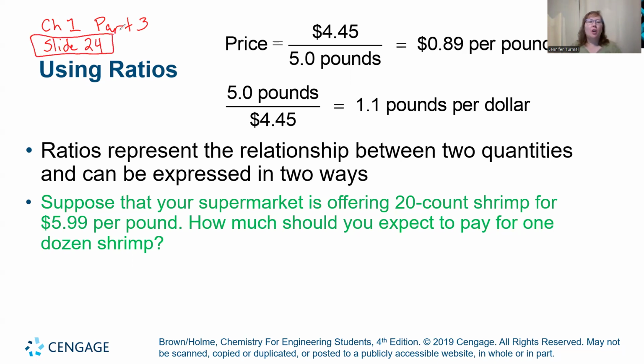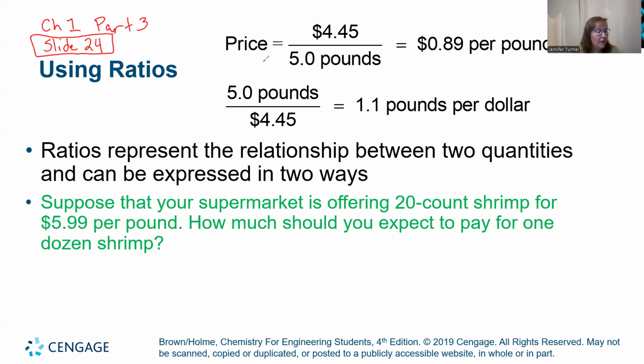Okay. So now we're looking at ratios and how they work in proportions. That's a lot of what we're going to be doing. The example you can see here shows a couple of different ways to show ratios.